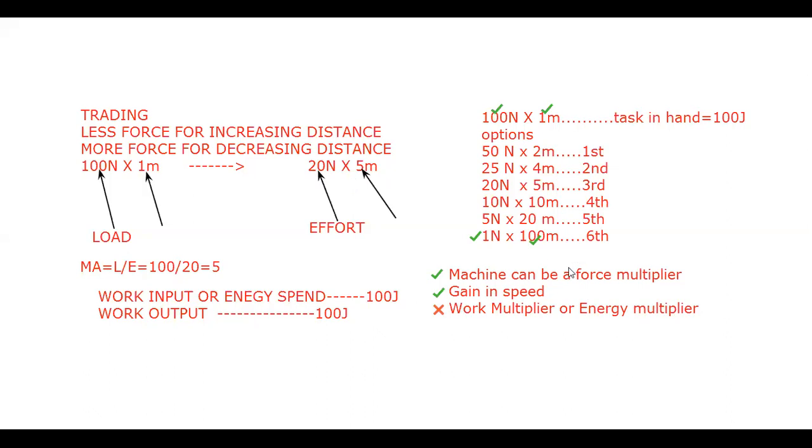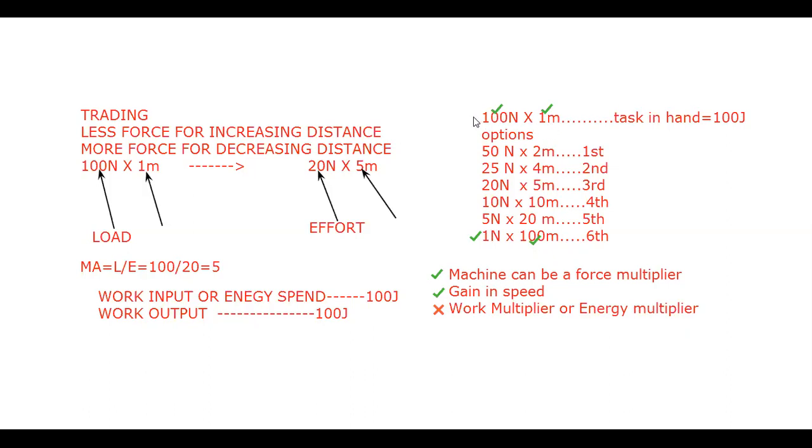What are we basically doing? We are simply doing the trading. Instead of applying 100 Newton for 1 meter, I am using a machine, and I will apply 1 Newton now for 100 meters, and in turn, the machine will apply 100 Newton for 1 meter.